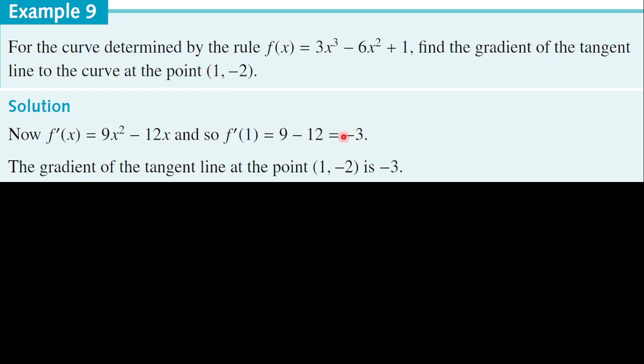That gives us negative 3, which is the gradient at that given point. Later on, knowing that you have the gradient and both coordinates of a given point, you can determine the rule y equals mx plus c by substituting the coordinates, knowing that m is negative 3, by the way.